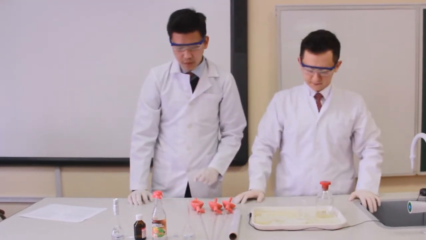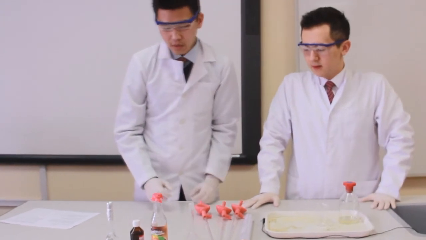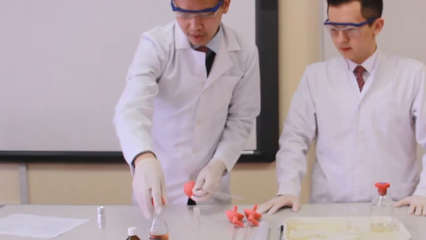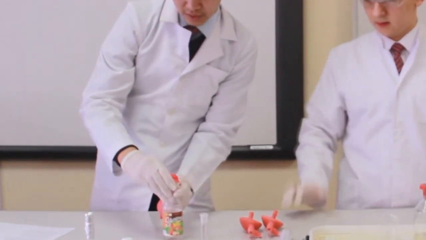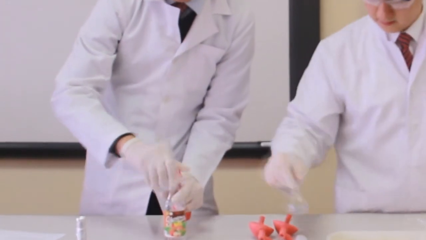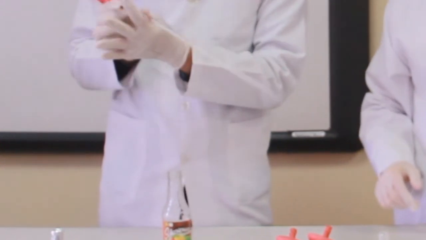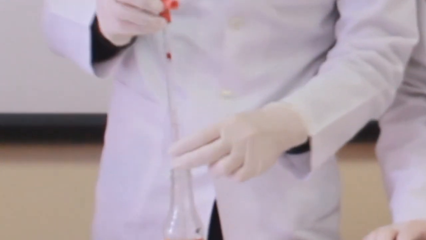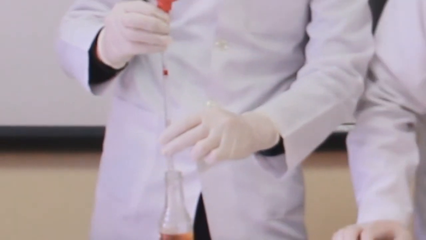So then how can we start our experiment? First of all, we must place 5 centimeter cube of our reactants, and at first it's ethanoic acid, as you can see. So we're taking exactly 5 centimeter cube of our first reactant.